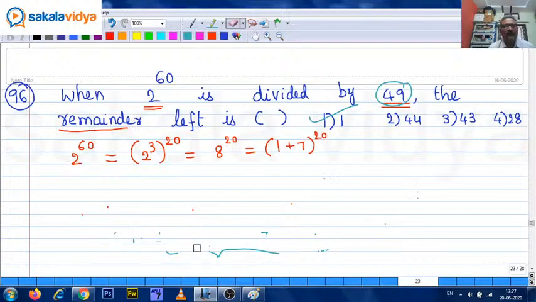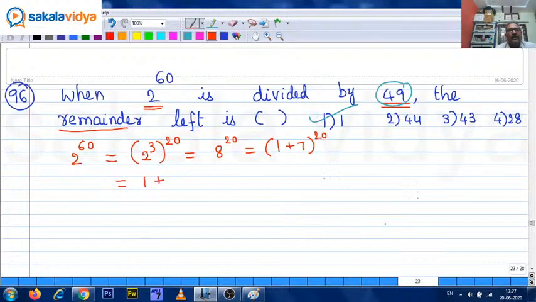Please, sorry for the inconvenience. Okay, now I will do it. Yes, n is equal to 20. Correct. You are correct. You are good observers. Nice observation.